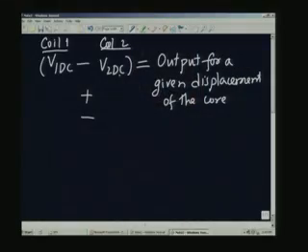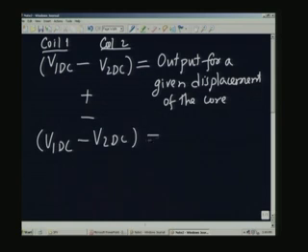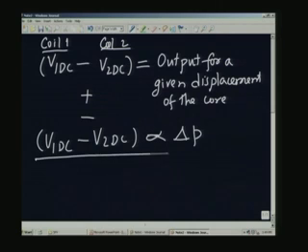Therefore, this voltage difference between these two is proportional to the pressure difference. So, we will say that this V1 DC minus V2 DC is proportional to delta P. This is the important thing. Now, let us look at a slight improvement in this circuitry.